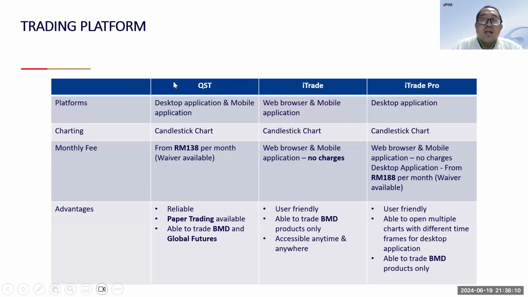Usually for clients that want to trade foreign products, they will subscribe to the QST, and currently the monthly fee is 138 per month. But don't worry, a waiver will be available. So these are the advantages of all the 3 trading platforms that we offer.